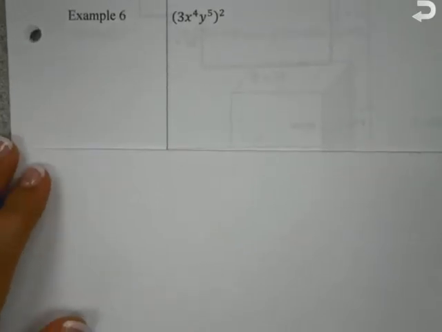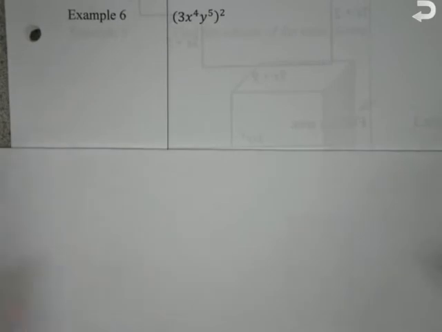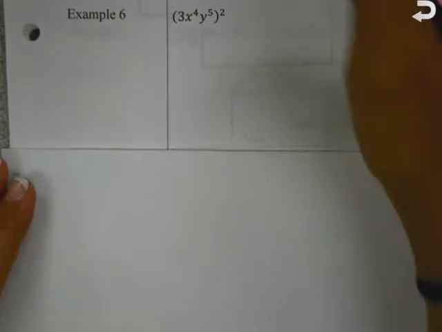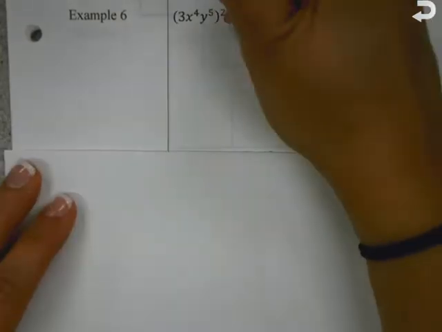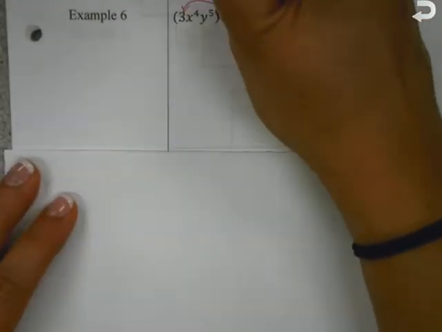Genevieve, what did you do first? I distributed. You distributed what? The exponent of 2, good, to everything, right? So you distribute it 3 times? Okay, after I distribute the exponent, what should I get? Who's in 7? You. Celia, what should I get?